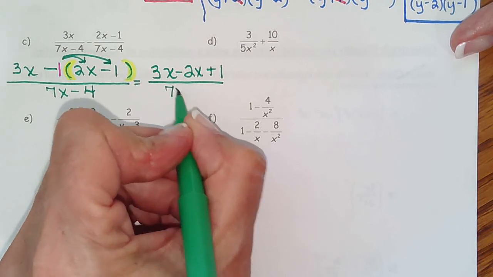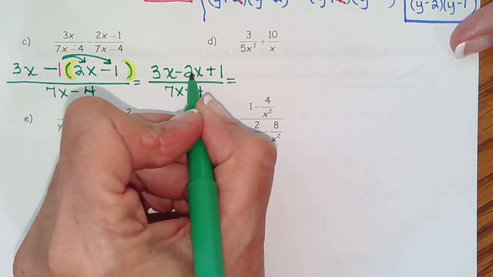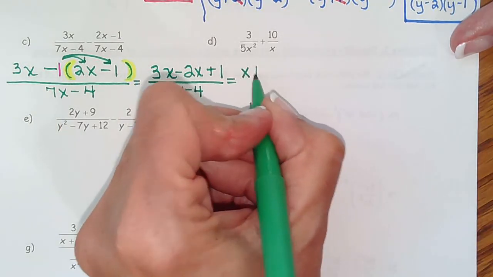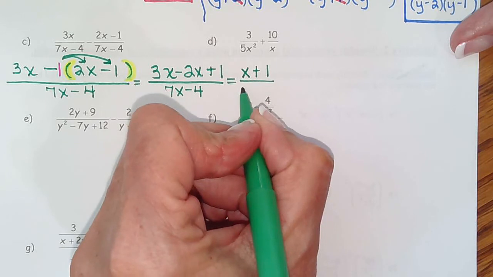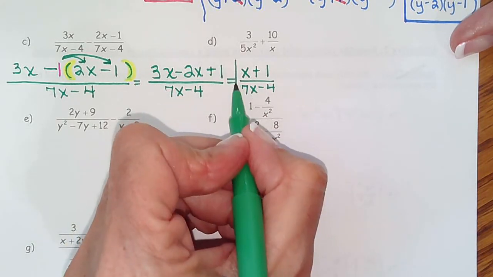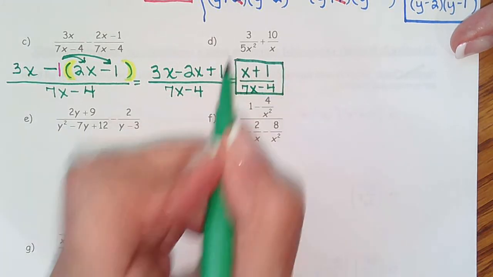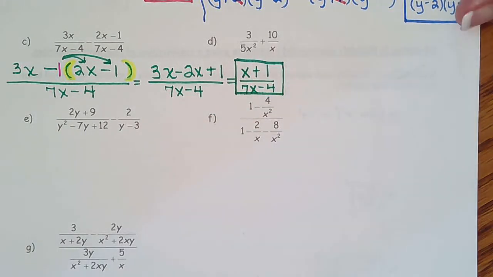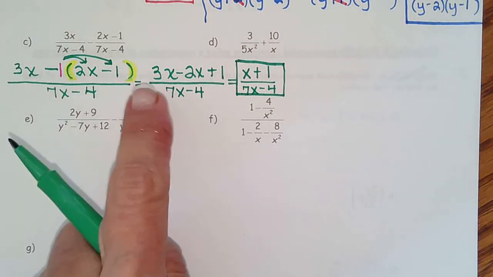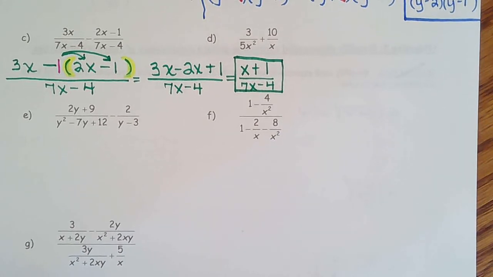And then we still have 7x minus 4, and that leaves us with 3x minus 2x is 1x, which is just x, plus 1 over 7x minus 4. There it is. So nice, easy problem. As long as you remember those parentheses, that is key.